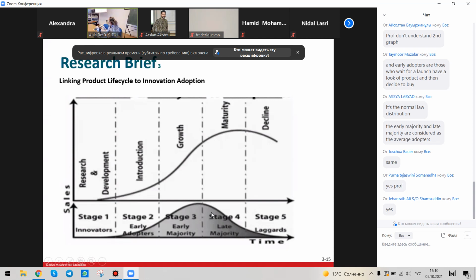And then we define the laggards as subjects that are not willing to adopt an innovation unless they are forced to, so they will adopt the innovation in the decline, when the product life cycle is just declining. Okay, so I believe that this is interesting.